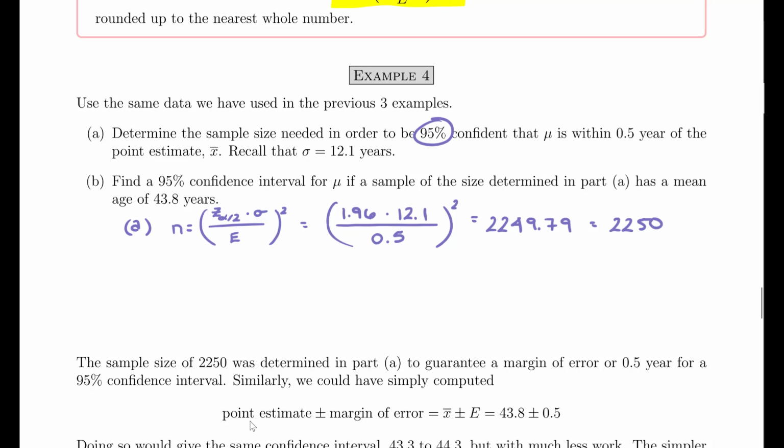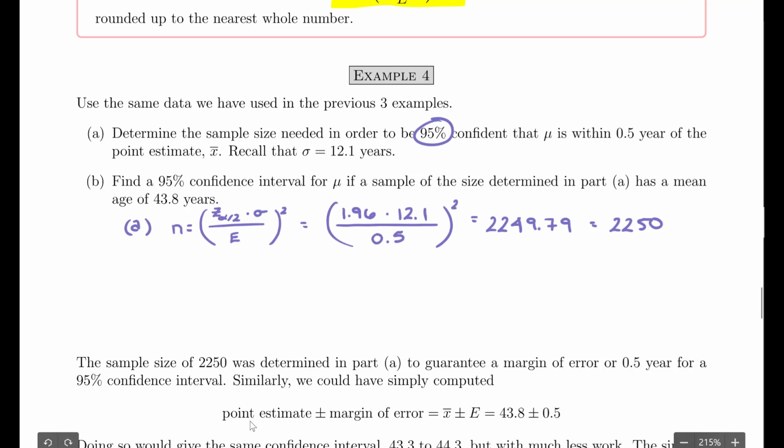So we've increased our sample size and we've narrowed our interval for the confidence level. Part B, find the 95% confidence interval for mu if a sample of the size determined in Part A has a mean age of 43.8 years.